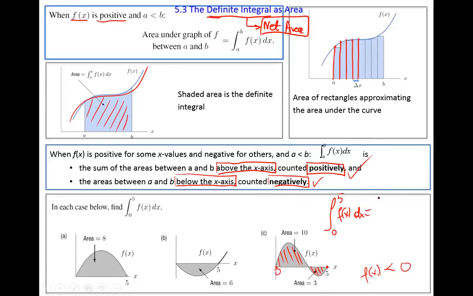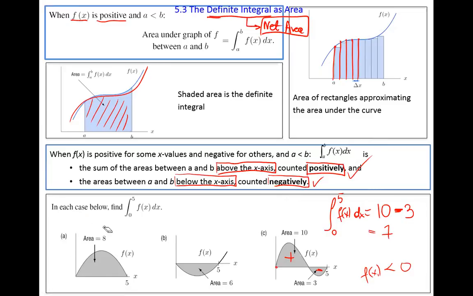It's 7. Everything above is positive, everything below is negative, which of course we subtract. It is 7.